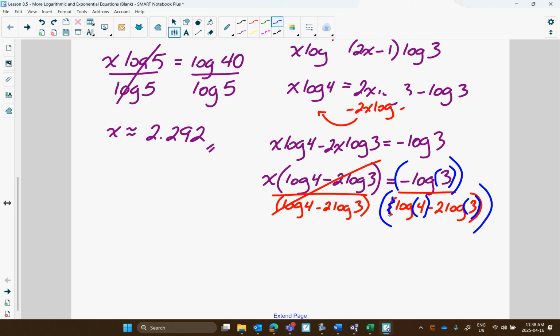And then I got to go log 4. It opens up a set, so I got to close the 4 off. Minus 2 log, and it opens up a set 3, close that set off, and then close the big set off. And if you do it correctly, you should get 1.355.